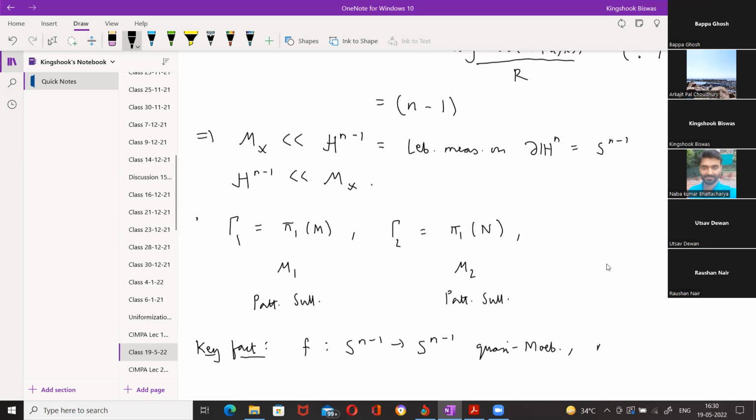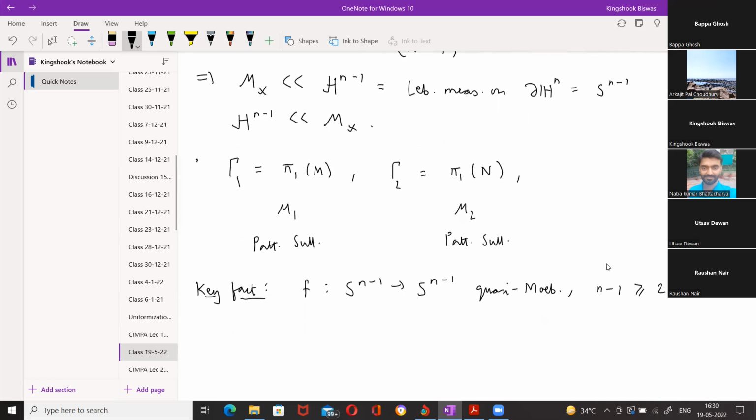So n minus 1 is greater than or equal to 2, because n was 3. This is where I'm using n is at least 3. This implies, this is purely a fact of analysis, that f is absolutely continuous with respect to Lebesgue measure on S^{n-1}.